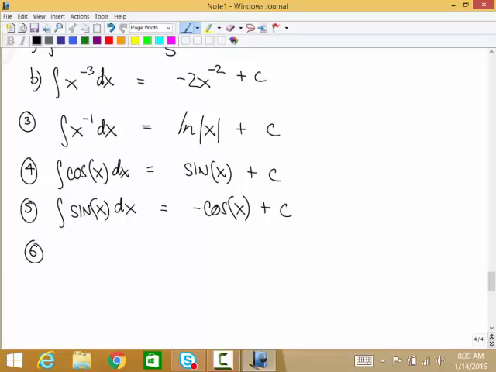So derivative is a linear operator. Integral is also a linear operator. So we have those same two requirements. The integral of a times f of x dx is equal to a times the integral of f of x dx.